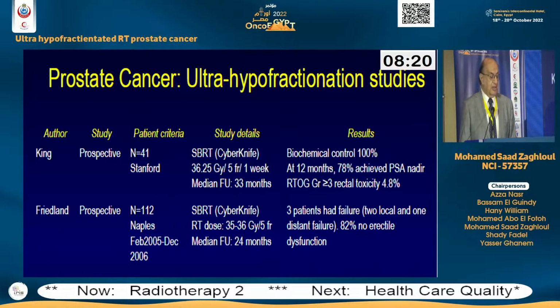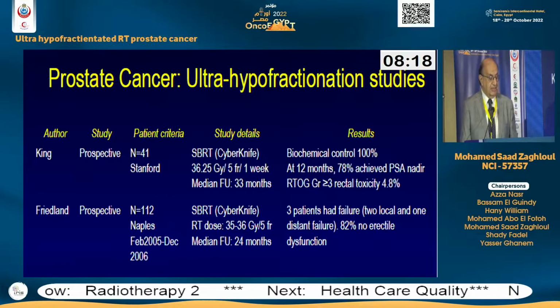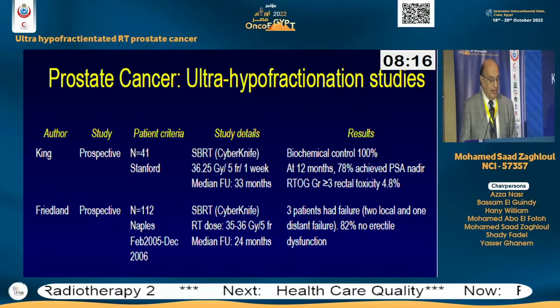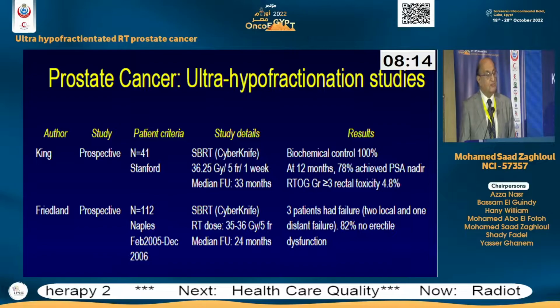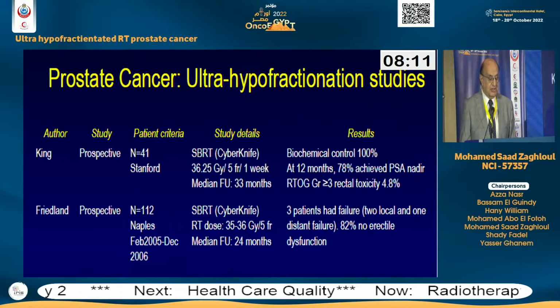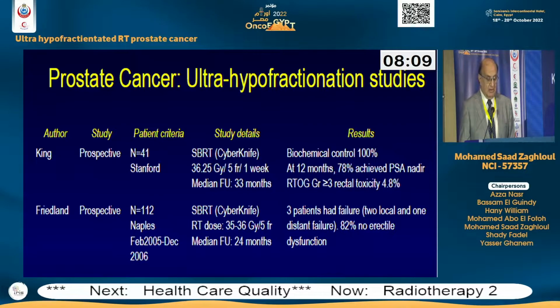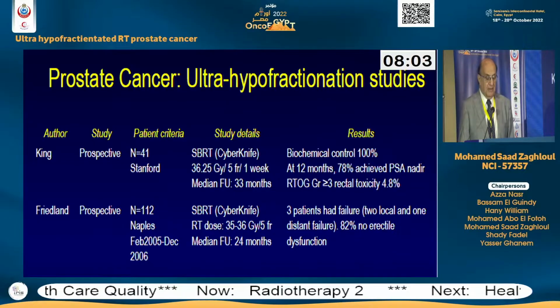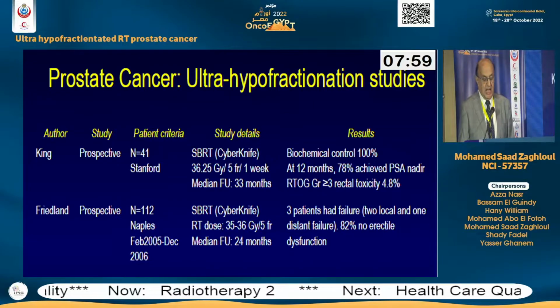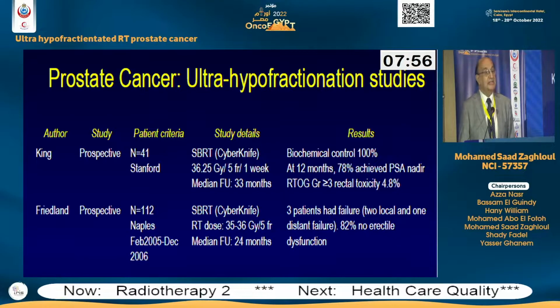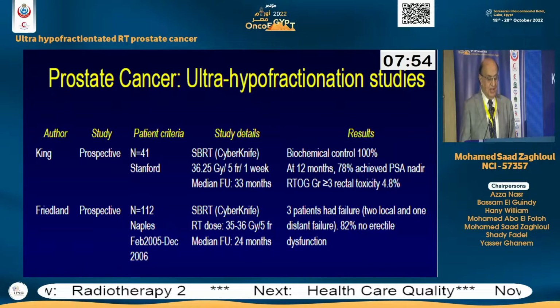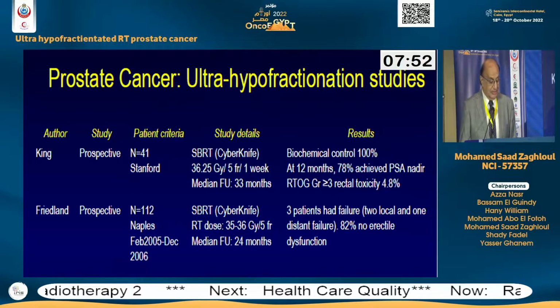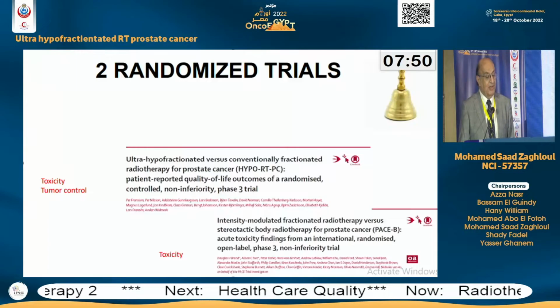In another study including 112 patients, the dose was between 35 and 36 gray in 5 fractions, and only 3 patients had failure: 2 local failures and 1 distant metastasis. Erectile function preservation was 82%, similar to the normal population.